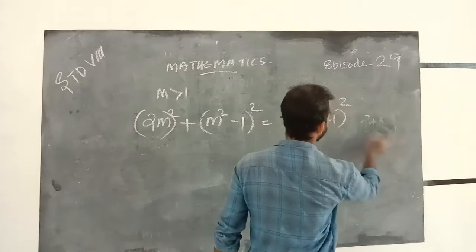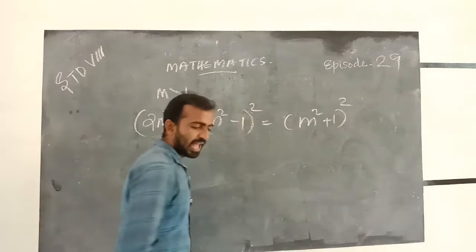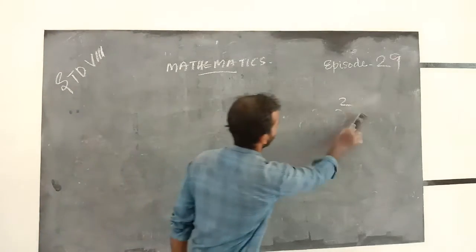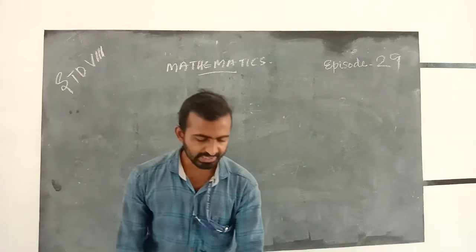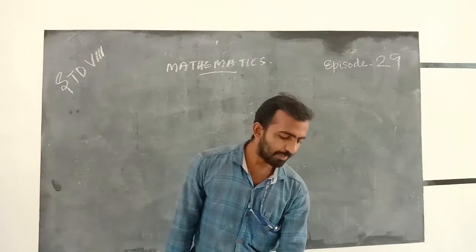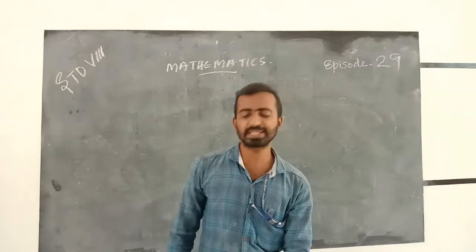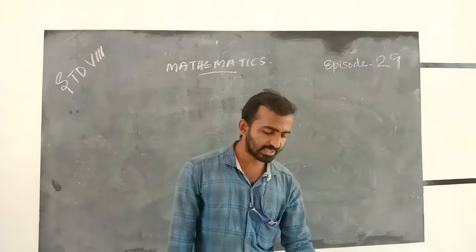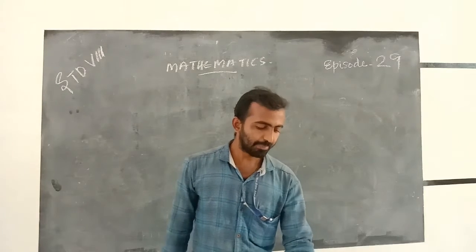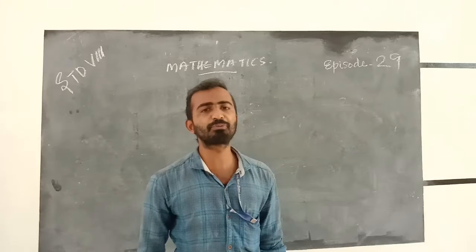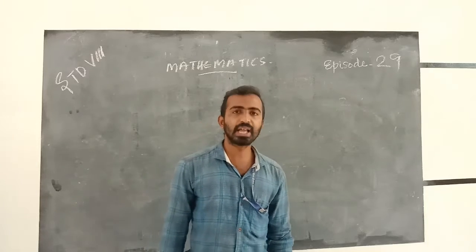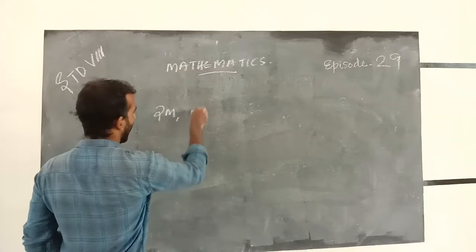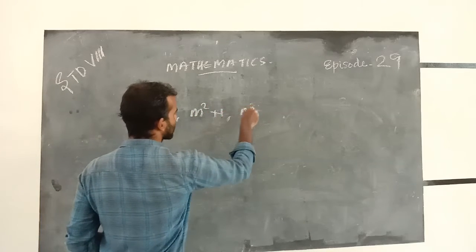For example, write the Pythagorean triplet whose smallest number is 8. Using the form, the Pythagorean triplets are 2m, m square plus 1, m square minus 1.